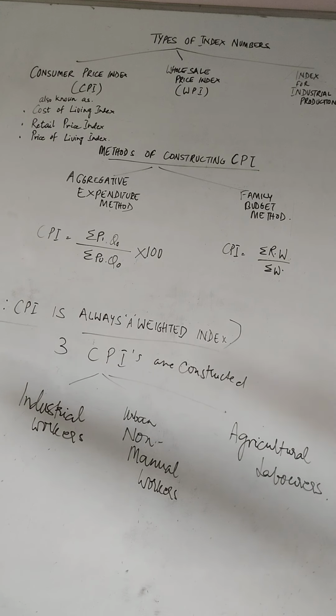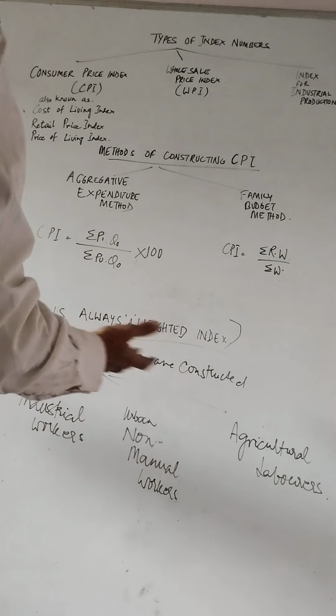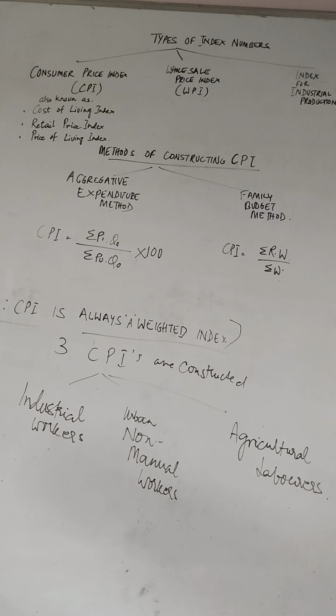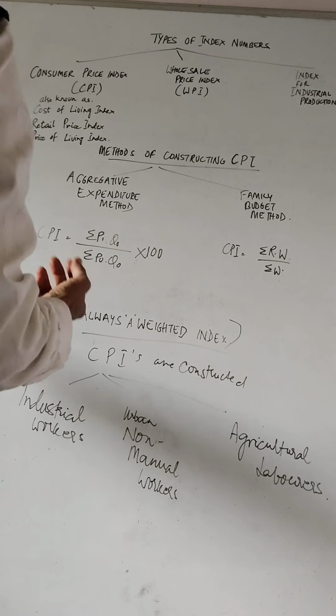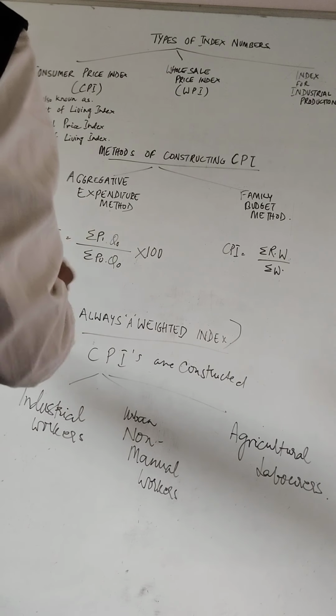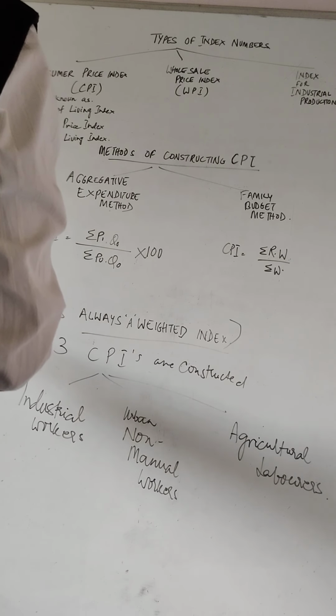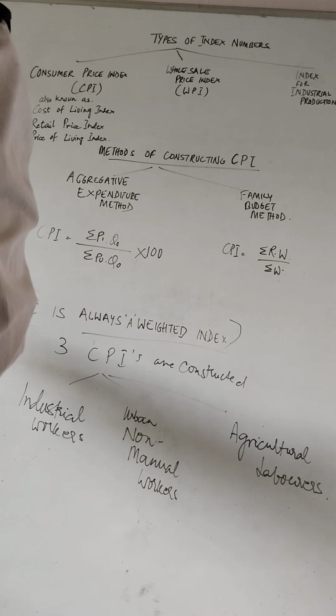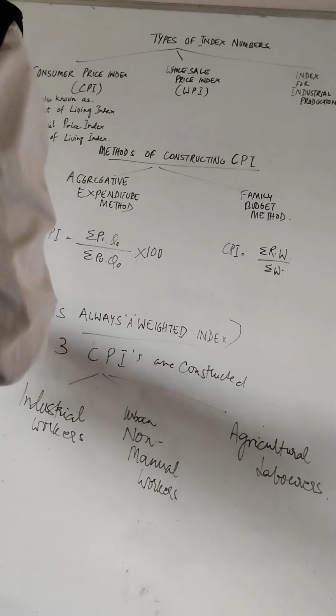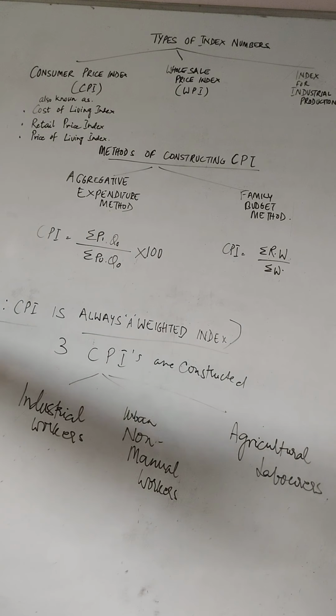Suppose you get a question as to what the price of living index reflects, you can just say that it reflects the average increase in the cost of the commodities consumed by a class of people so that they can maintain the same standard of living in the current year as they were doing in the base year.